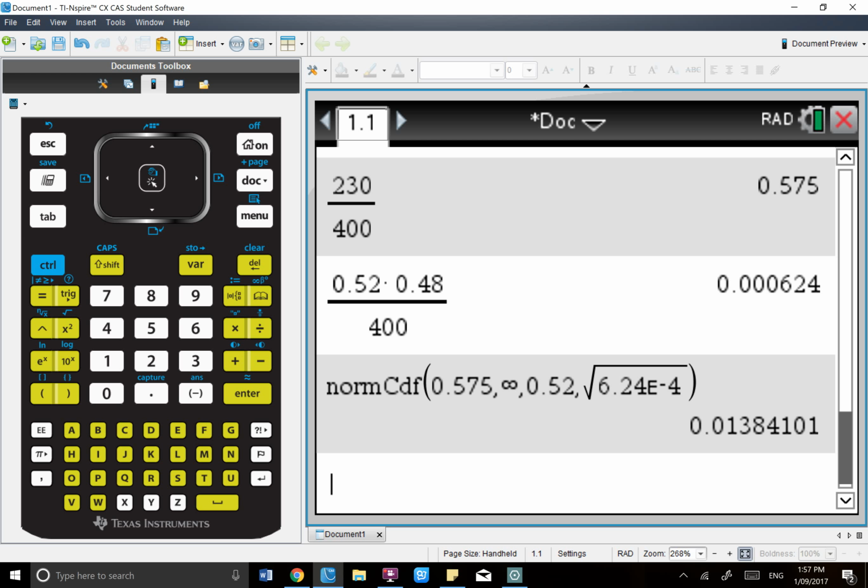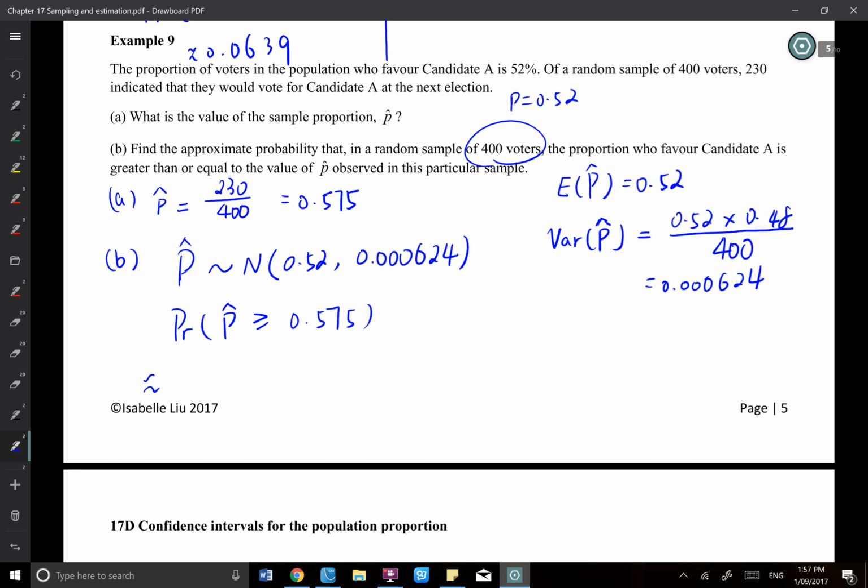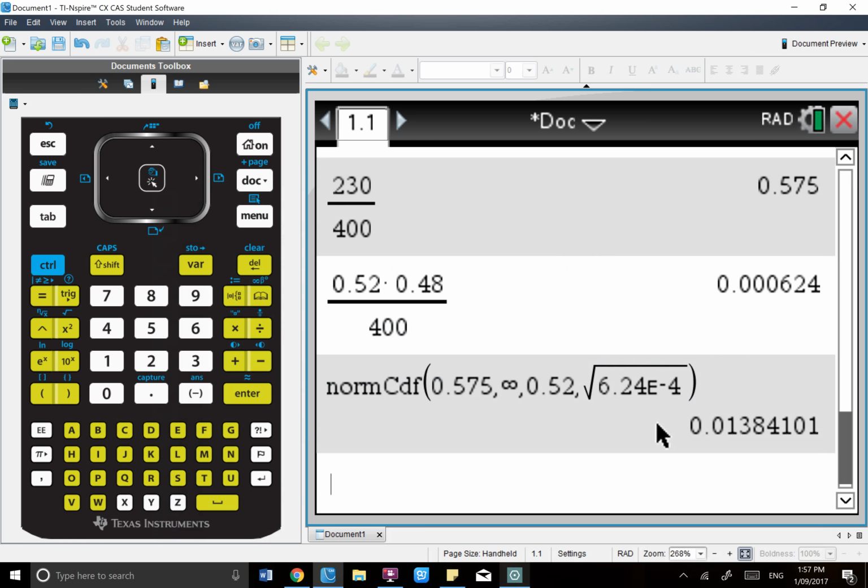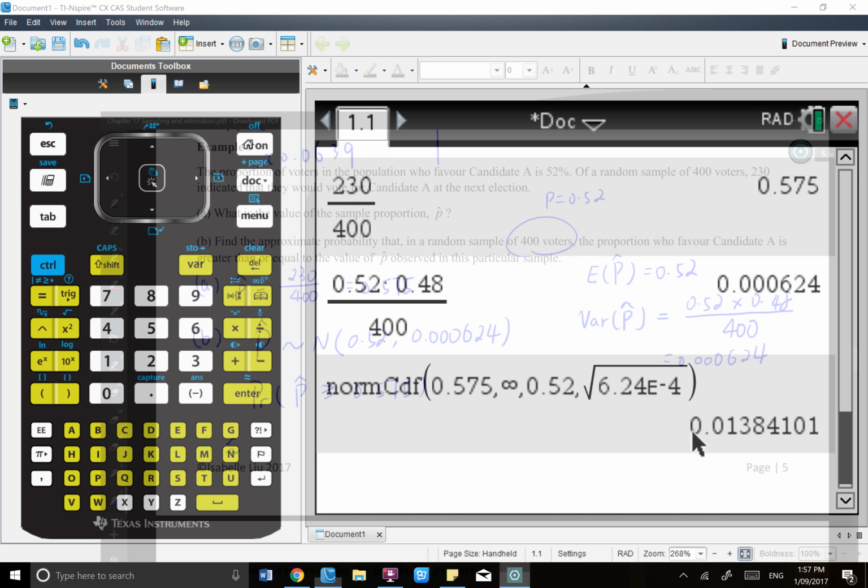Whether it's greater or greater-or-equal doesn't matter, because it's a continuous random variable, so it will be the same. For the observed one, we have 0.01384.